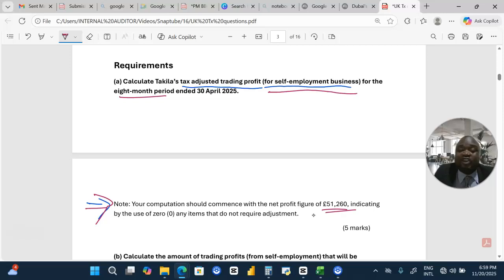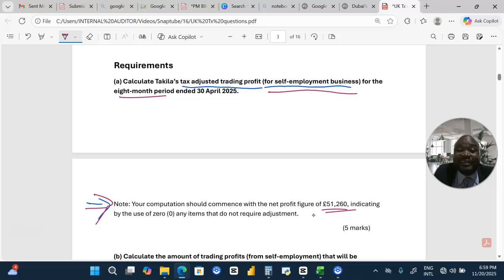So if an item doesn't require adjustment, do not ignore that item, but write the item and simply put a 0 to indicate to the examiner that you were aware of the issue, but no adjustment was necessary.